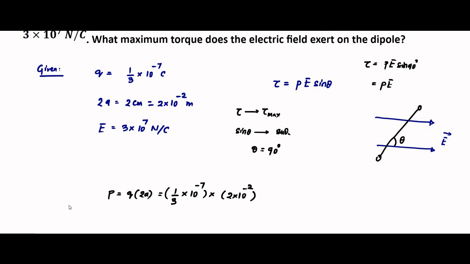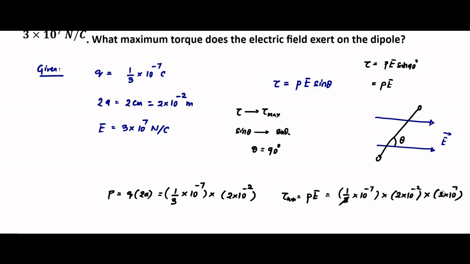That is the dipole moment. And then Pe, the maximum torque, is simply this multiplied with the electric field: 1 by 3 into 10 to the power minus 7 into 2 into 10 to the power minus 2 into 3 into 10 to the power 7.